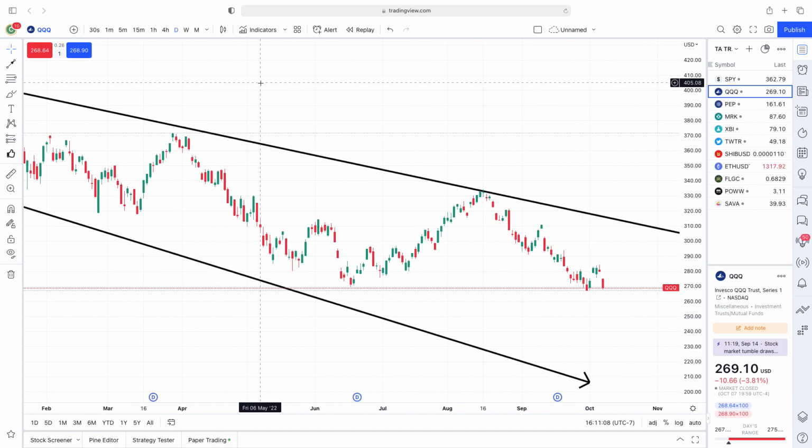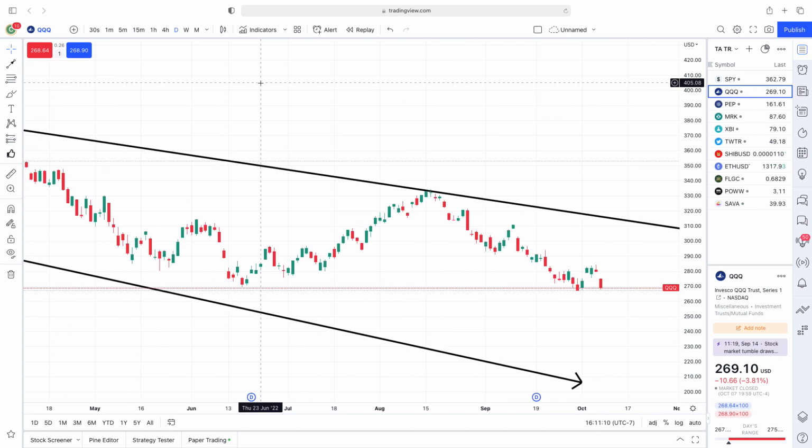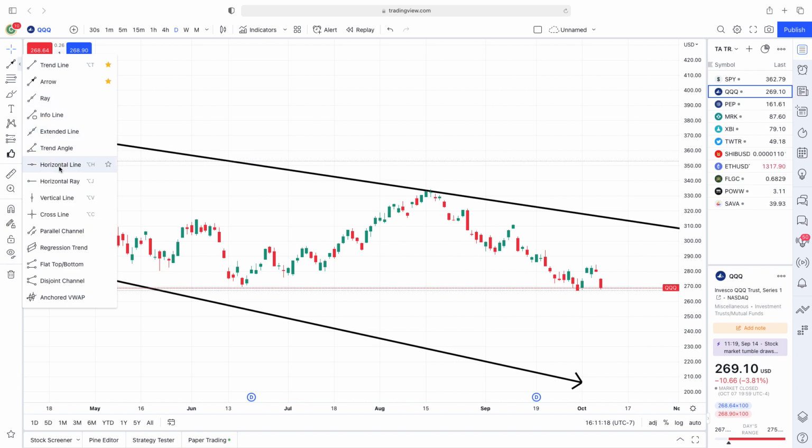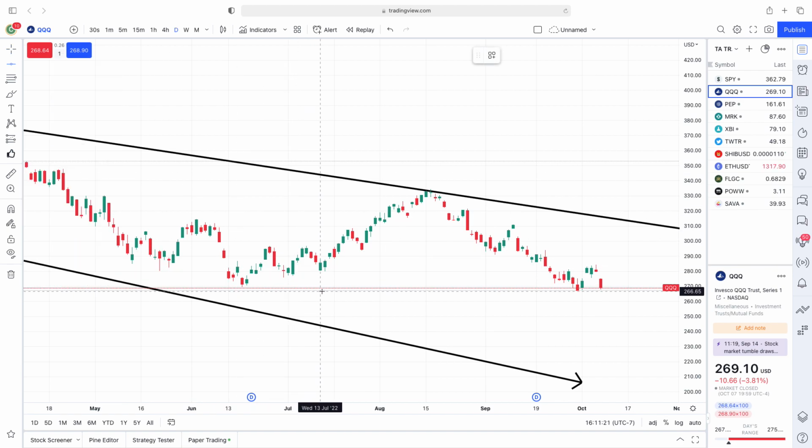And this is where I start paying attention to key lines because we're day traders. So I'm right about here. I come over here. I'm going to grab my horizontal line. And I'm just going to start putting lines where two candles are touched, or two candles either solid at the end, the top or the bottom, or the wicks, the top or the bottom, are touching this line.